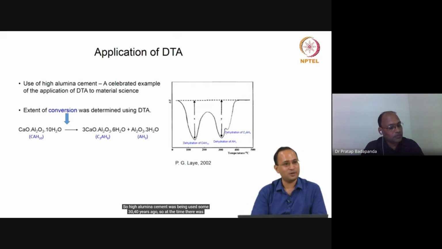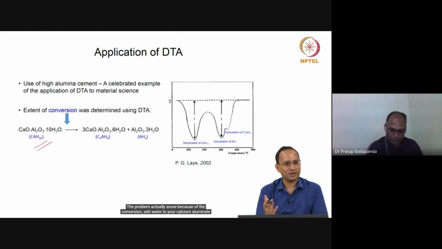So high alumina cement was being used some 30-40 years ago. At the time there was some issue with that, right. People noticed that it was weakening the structures, and in some cases was leading to collapse. So they wanted to know why, particularly with the high alumina cement. The problem actually arose because of the conversion.